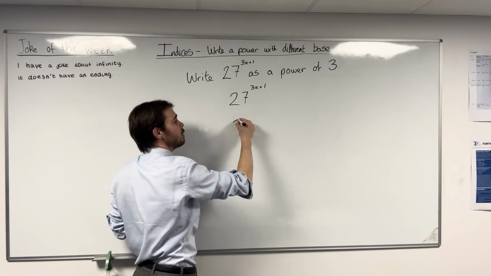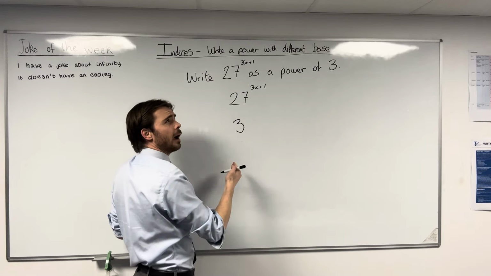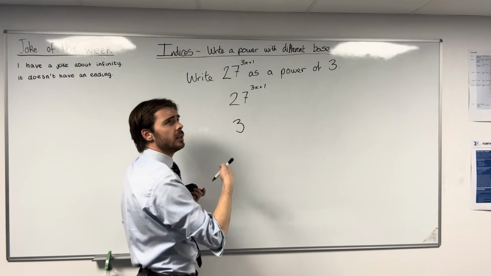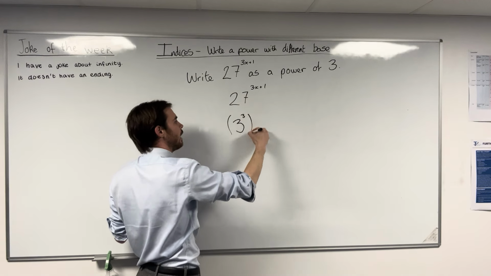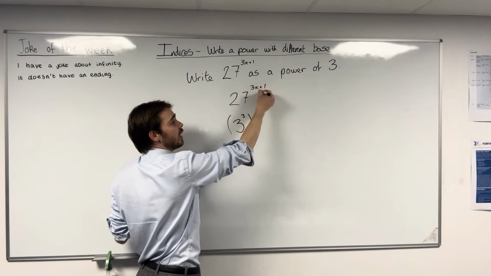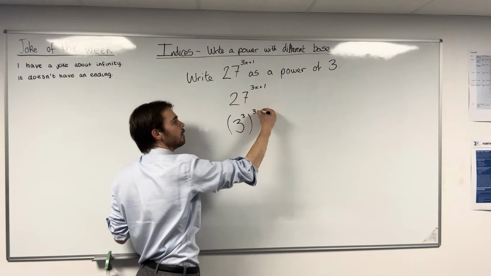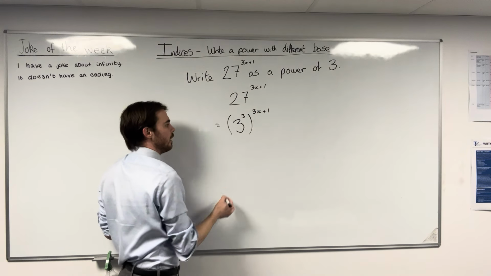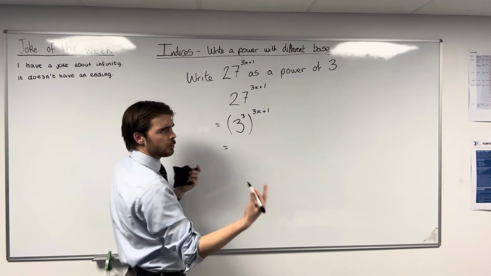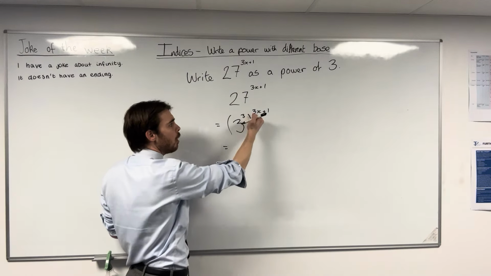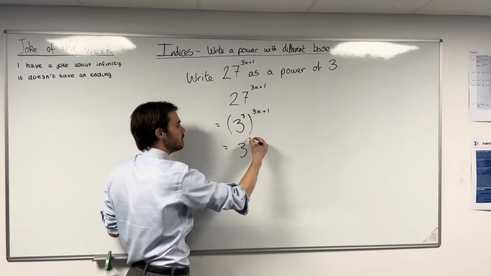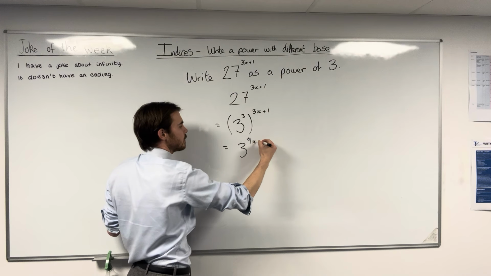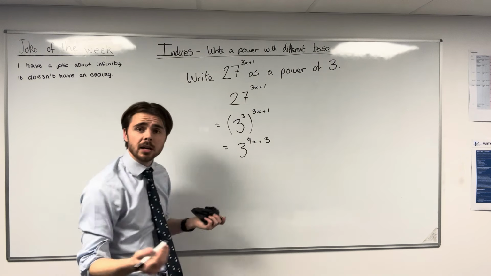I'm going to rewrite 27 as 3 to the power of, well, 3 squared is 9, so that's going to be 3 to the power of 3. I've got my bracket, and this time, instead of a singular x, we've got 3x plus 1 acting on the outside of the bracket. So now we multiply both of these things by the 3. So we've got 3 to the power of 9x plus 3, and we're done.